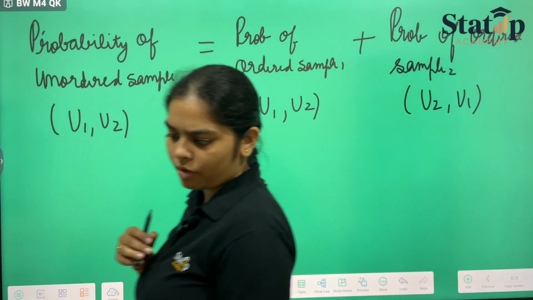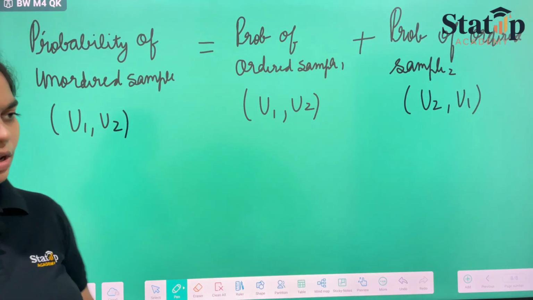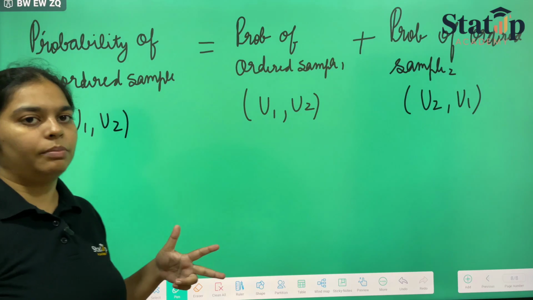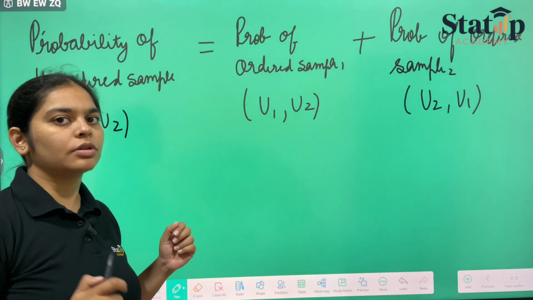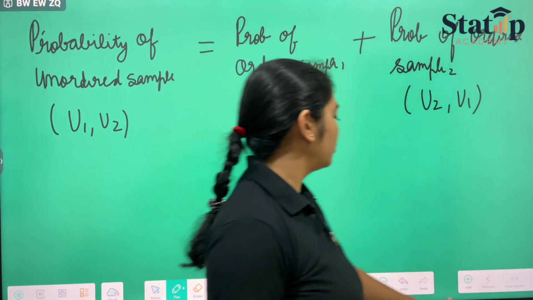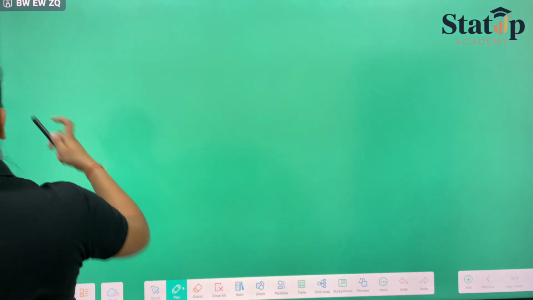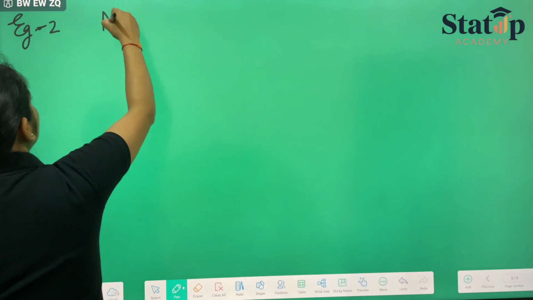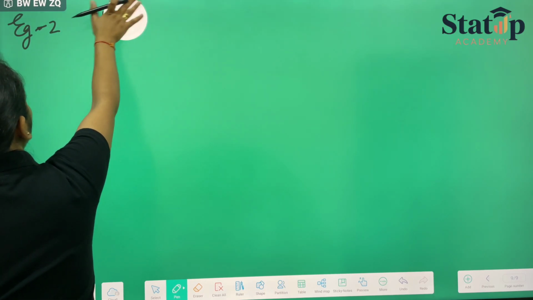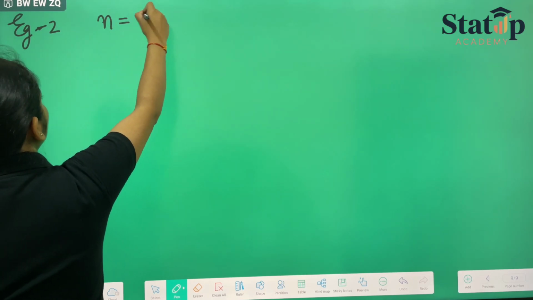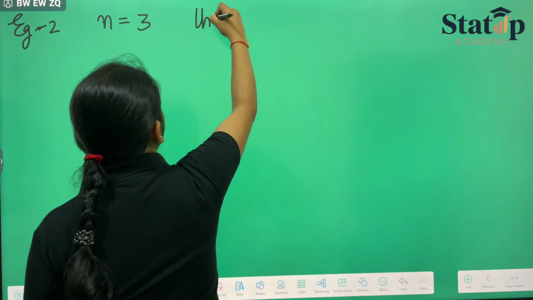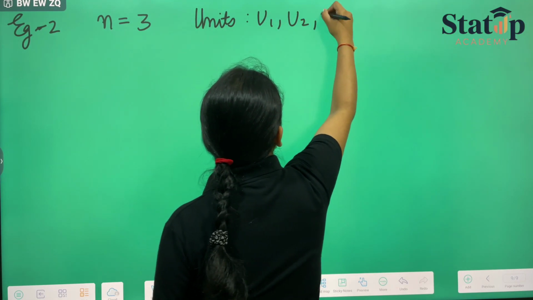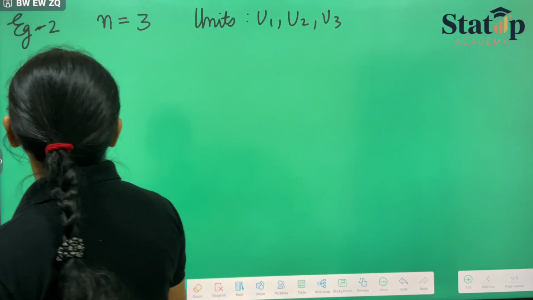So the probability of the unordered sample is the sum of two separate probabilities of ordered samples. So let us take another example, example number 2, in which we consider small n equal to 3 and units, this time, as U1, U2 and U3. 3 units have to be drawn.